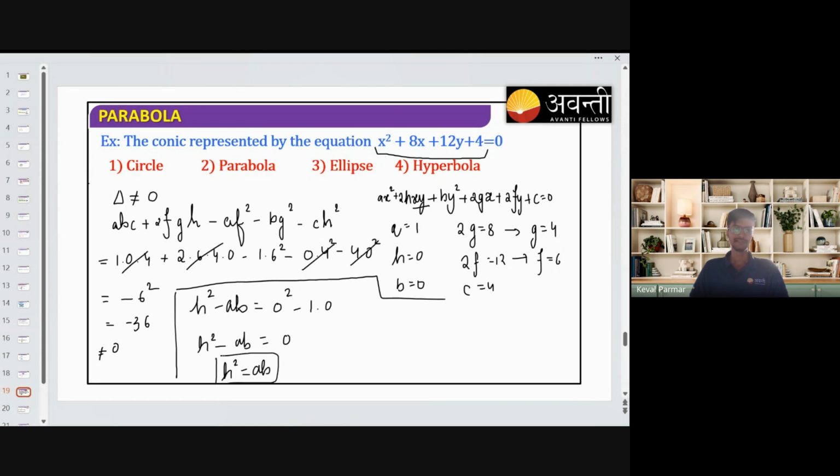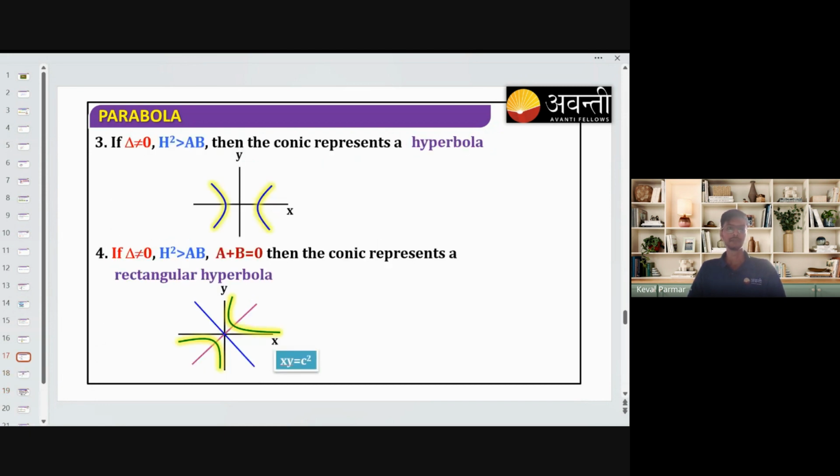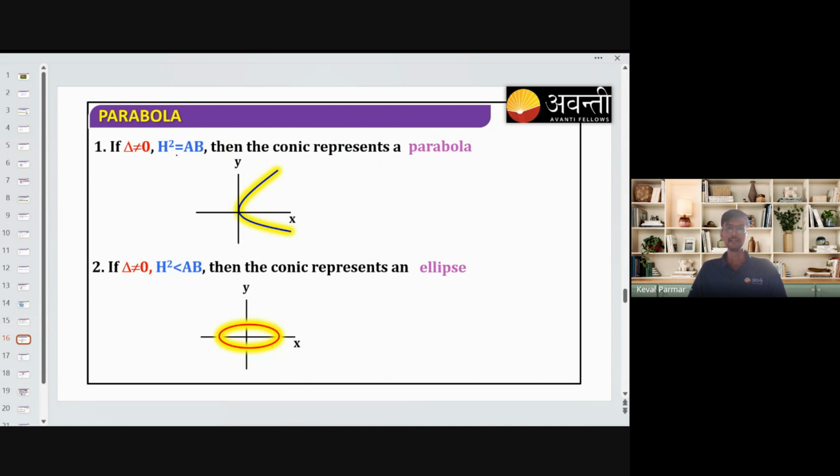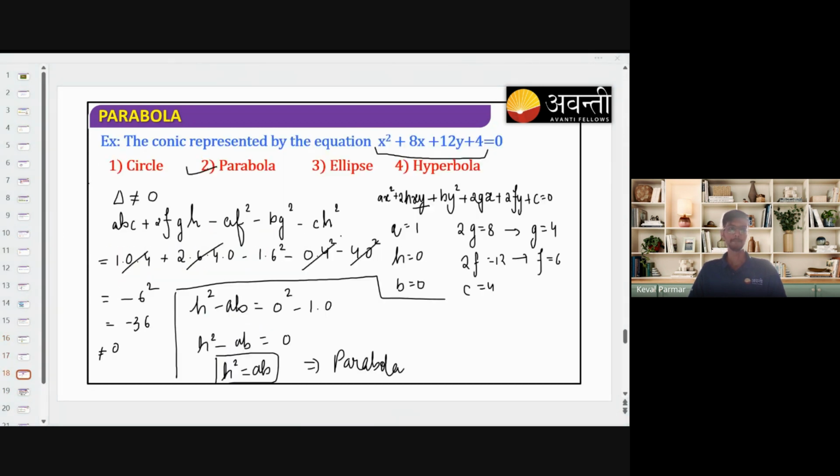What does this mean, guys? If h square equals ab, then this means that it is a parabola, right? I hope you remember the conditions. Yes, h square equal to ab and delta not equal to 0, we get a parabola.